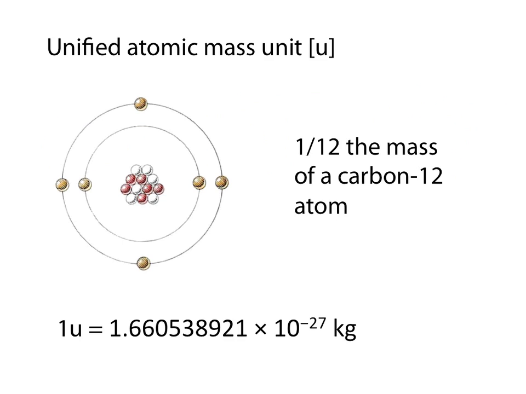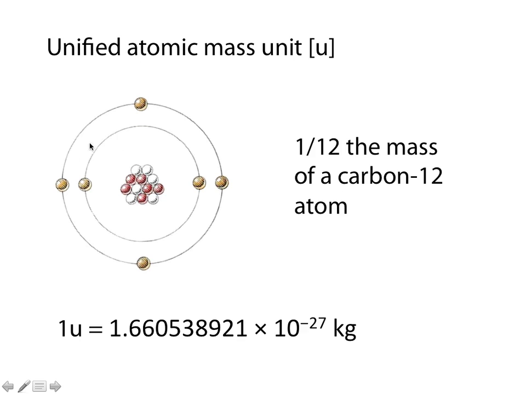Let me now introduce you to the unified atomic mass unit. Atoms are very small, 10 to the minus 25, 26, 27 kilograms. And it doesn't make a lot of sense to be using kilograms as a unit to describe atoms or parts of atoms. Instead, we make use of the fact that protons and neutrons are pretty much the same mass, and we use this to define an average. So one atomic mass unit is 1/12 of the mass of a carbon-12 atom.